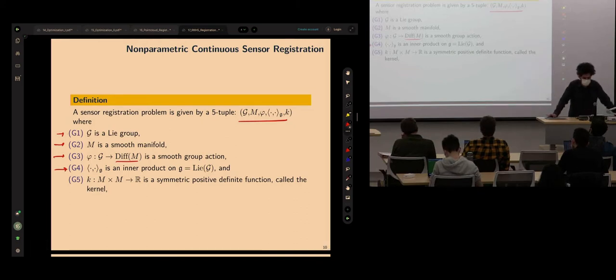We're not going to explore it much, but this is a technicality because we need to derive the gradient. If you want to use, for example, gradient ascent or descent to solve the problem, we need to derive the gradient. This metric describes the structure of that manifold. However, because we're solving for the transformation, it needs to be defined in the Lie algebra.